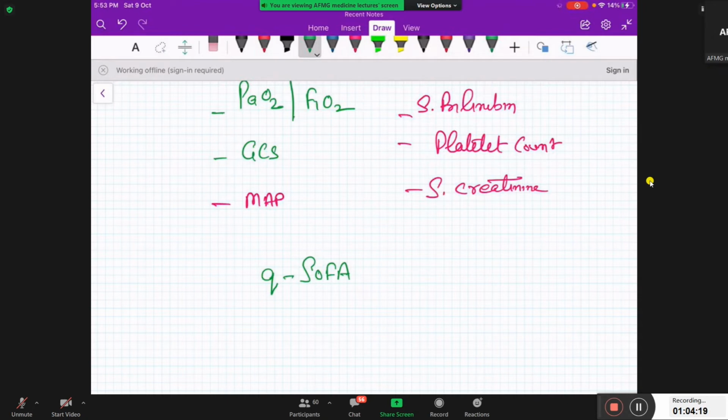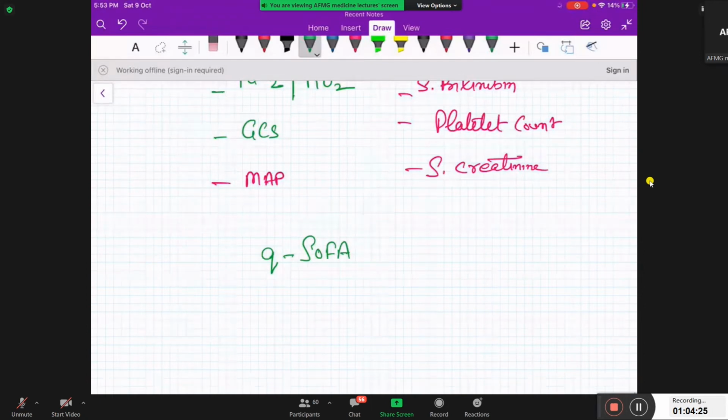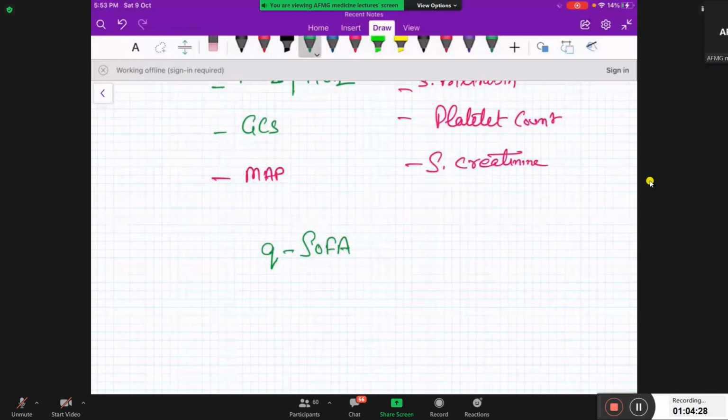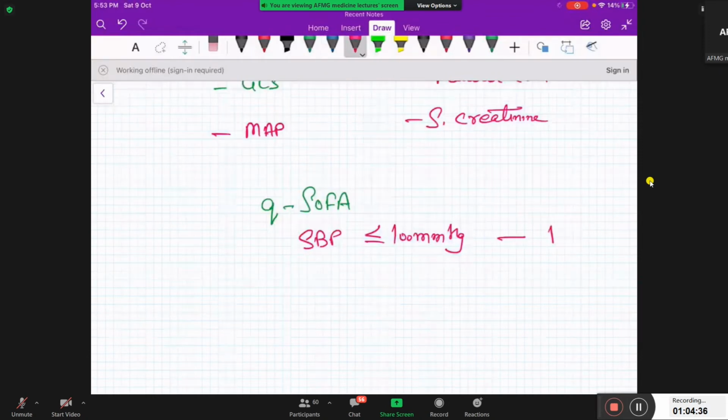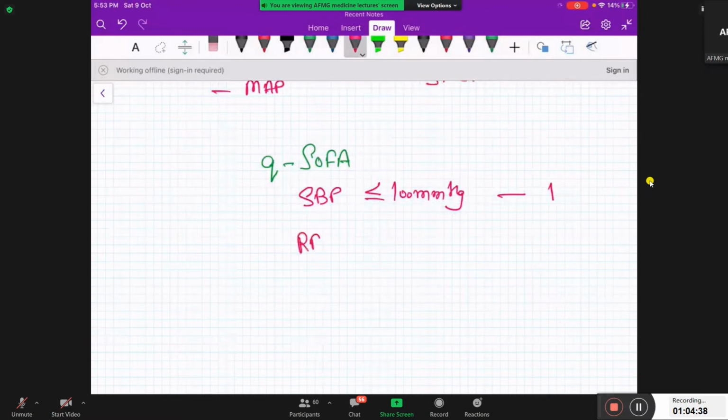So we have a shortcut called quick SOFA. In quick SOFA, systolic blood pressure less than or equal to 100 mm of mercury scores 1. Respiratory rate more than or equal to 22 scores 1. GCS less than or equal to 14 scores 1.